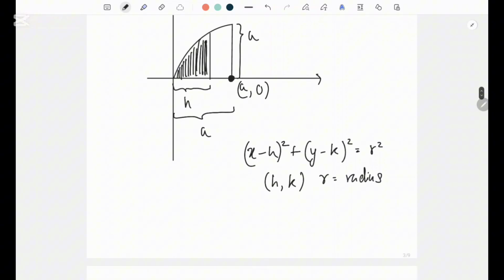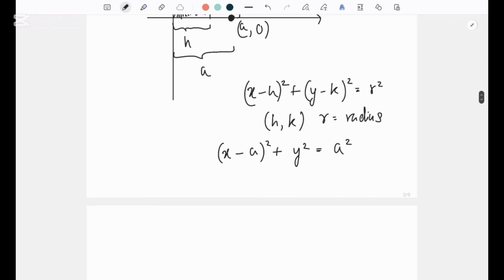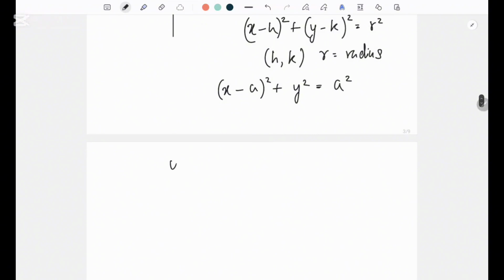So when you put those into your equation, you have (x minus a) squared plus y squared equals a squared. Then you can rewrite that as y squared equals a squared minus (x minus a) squared.